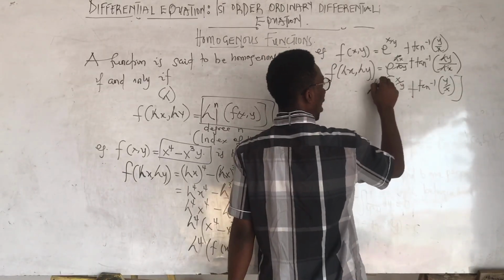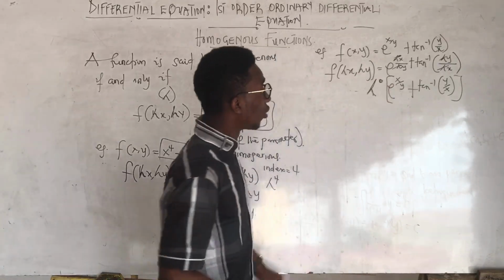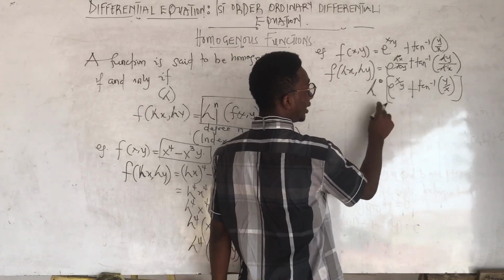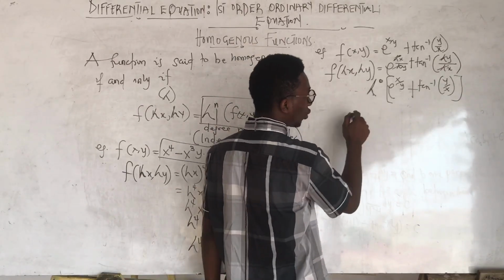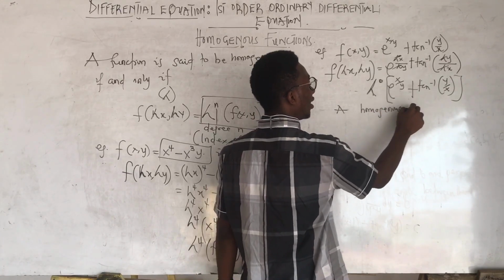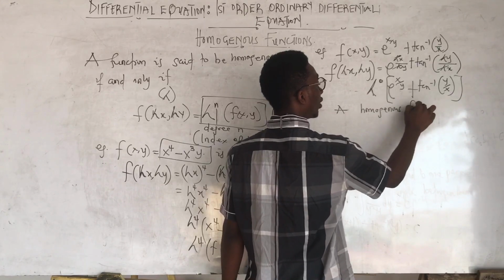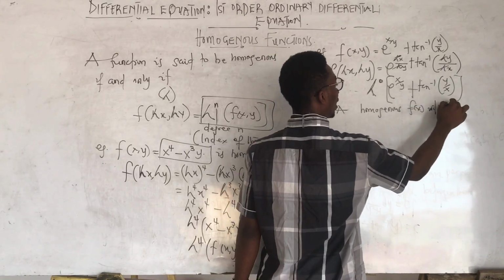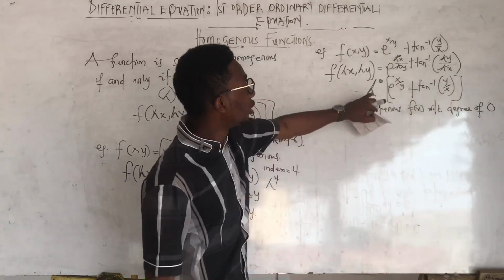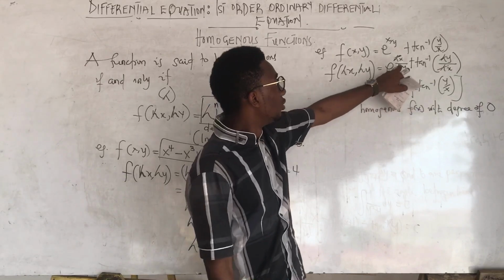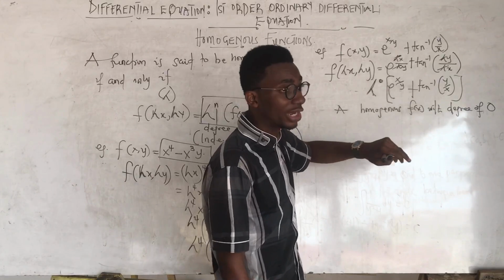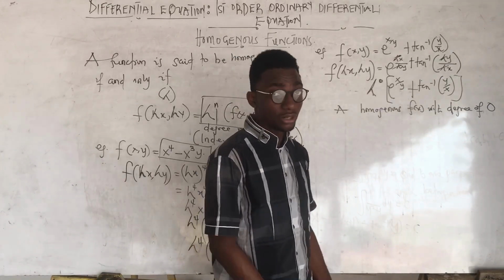That means the function is multiplied by lambda raised to the power 0, because any number raised to the power 0 is 1. Therefore, this is a homogeneous function with a degree of 0, because you can take the lambda out and get the function again, multiplied by lambda raised to the power 0.